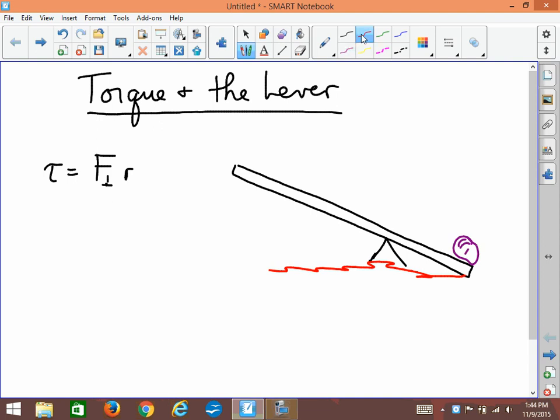Then what we do is we apply a force of pushing or pulling. I'll draw it this way, pushing straight down, right?